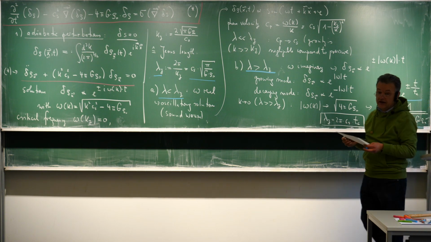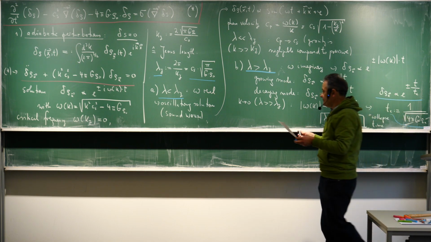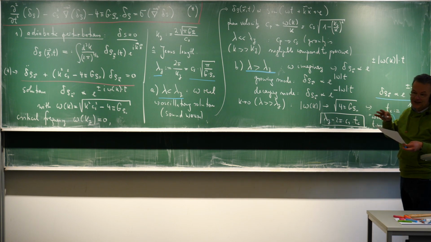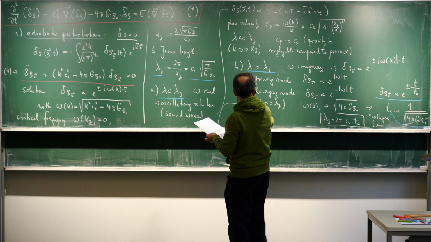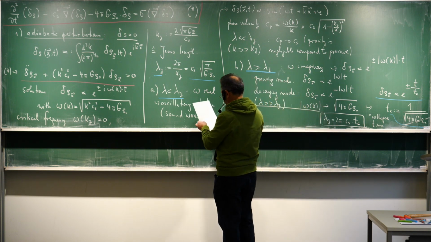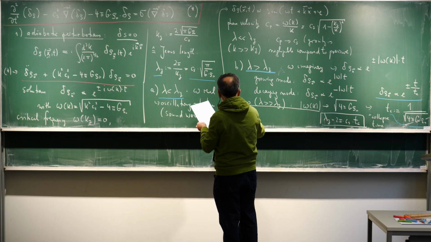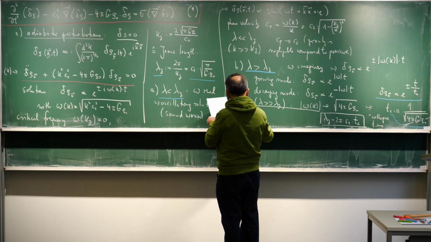Now, how quickly the perturbations grow, you can easily estimate, because exponential growth is really quick growth. So delta rho over rho naught is some delta rho initial over rho naught times e to the t over tc.